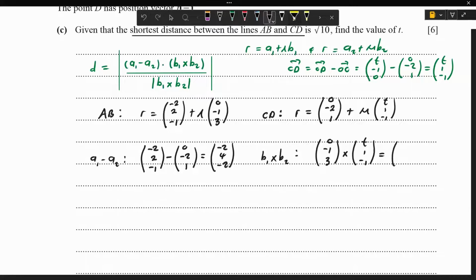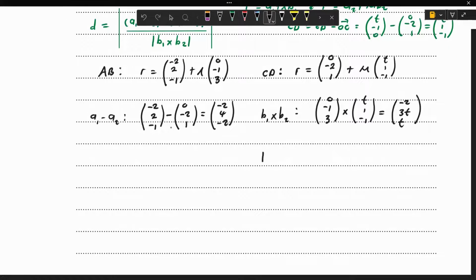And this gives us, if we close out these elements, we get 1 minus 3, which is minus 2. So we have minus 2 here. Then we close out the middle ones, so that will be 0 minus 3t. So that's minus 3t, but we put a minus on it to make it 3t. Then we close out the last ones. So that's 0 minus minus t. So we get here t. So that's the cross product.